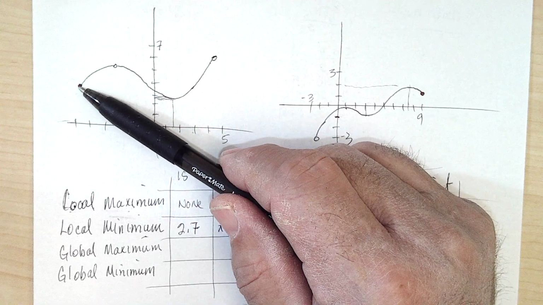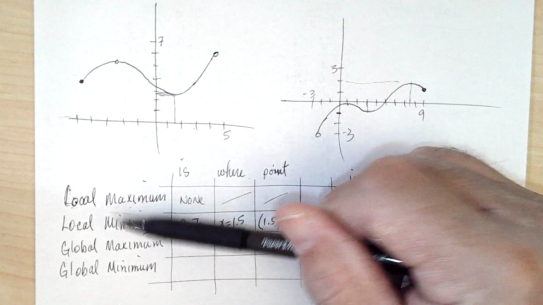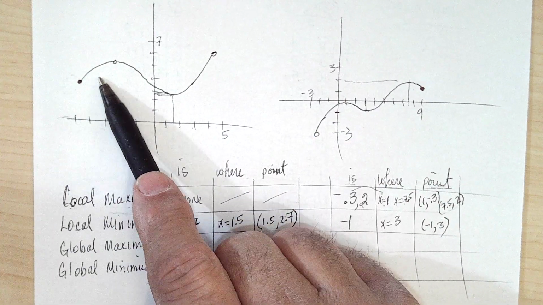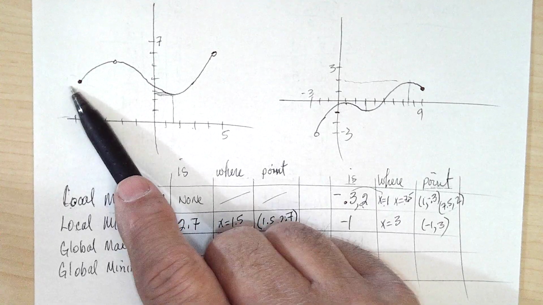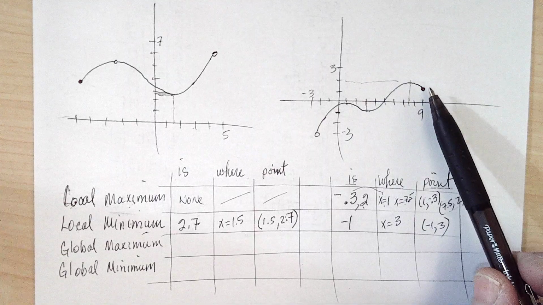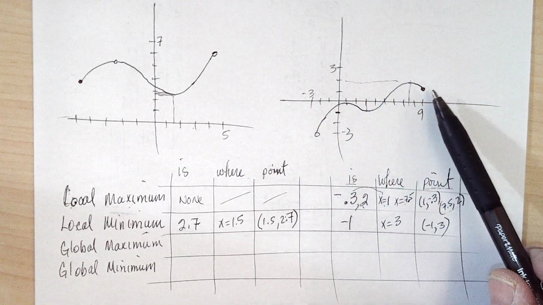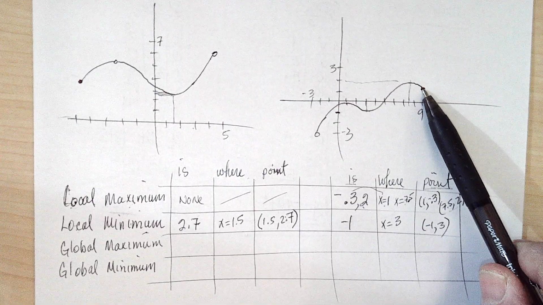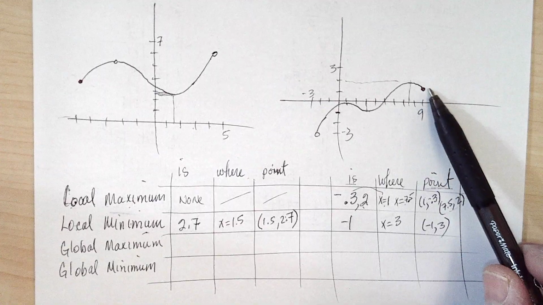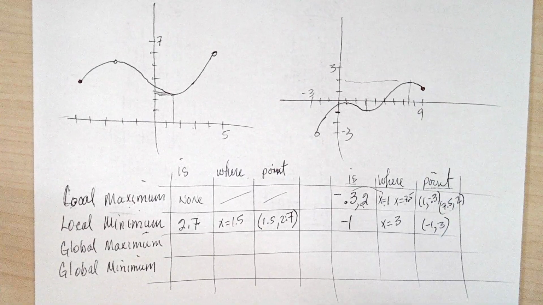It has to be lower than everything on the left and on the right. Well, it is on the right, but we don't have anything on the left, so we can't call it a local minimum. You might think that's a local minimum, but again, it's lower than everything on the left, but we don't know on the right, so can't call that a local minimum.